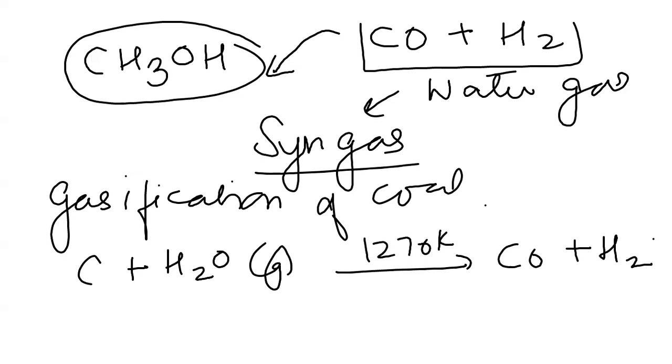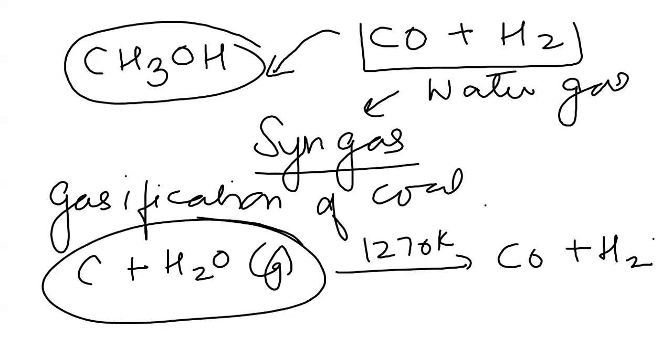So this is called gasification of coal to produce syngas. Whatever scrap or sawdust is there, it is all used in place of carbon.